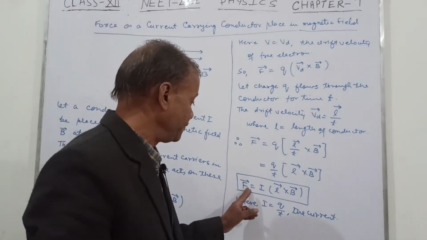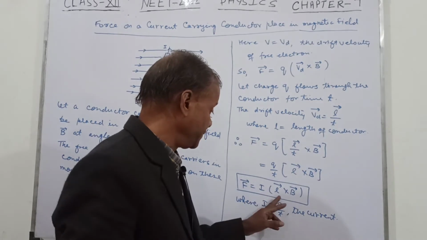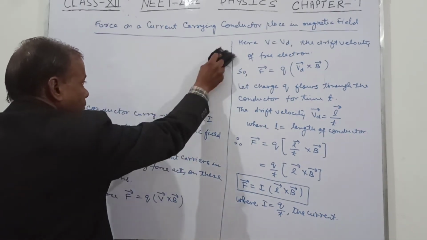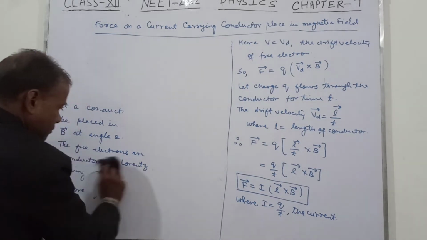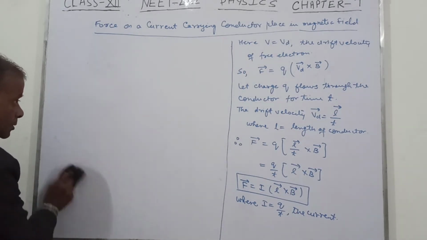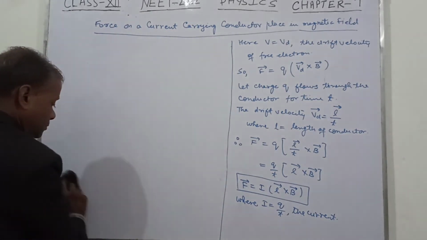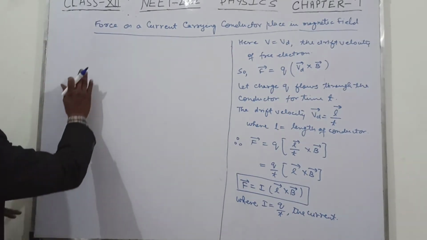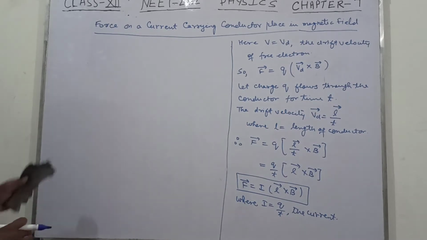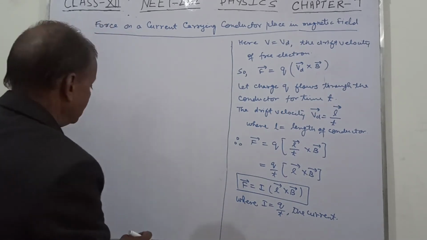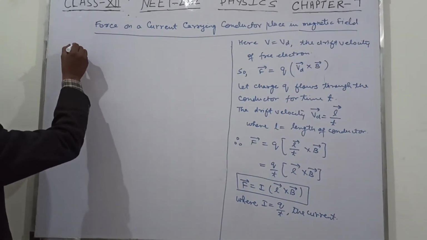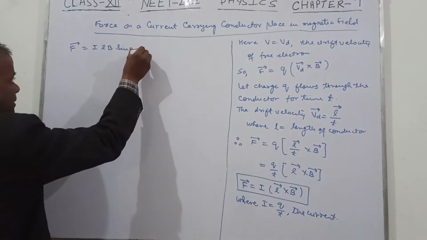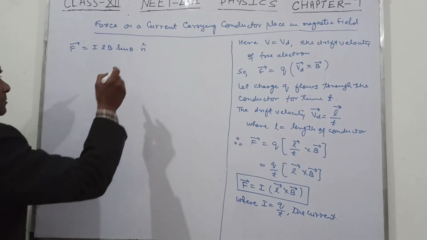So this force F is perpendicular to both L and B. Now if we open this, the force will come out to be F equal to I L B sin theta into n cap, where n cap is the unit vector.